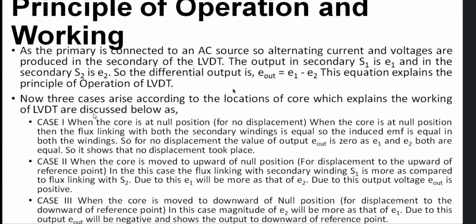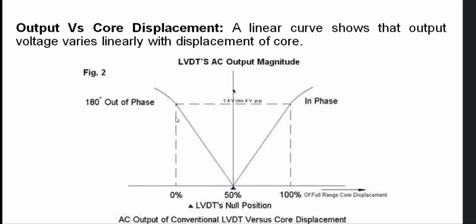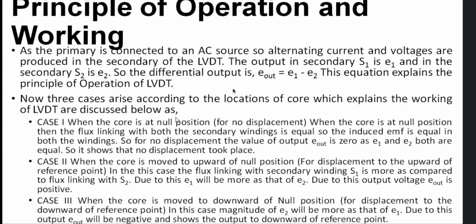Now, three cases arise according to the location of the core, which explain the working of LVDT. Case one is when the core is at the null position, for no displacement. When the core is at the null position, the flux linking with both the secondary windings is equal, so the induced EMF is equal in both the windings.